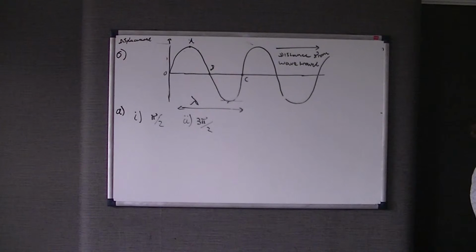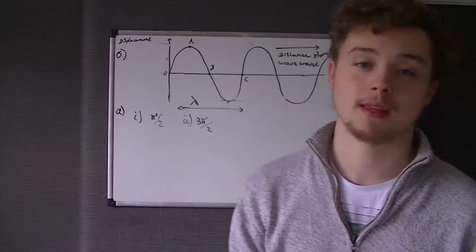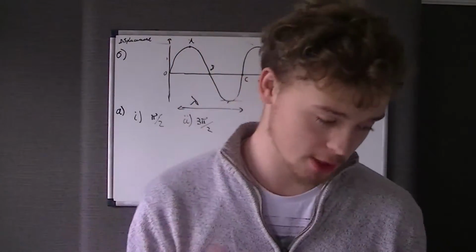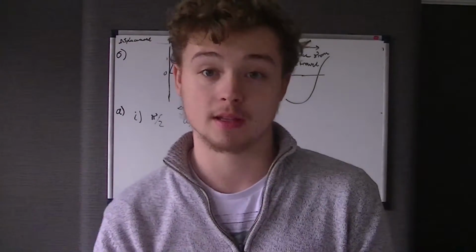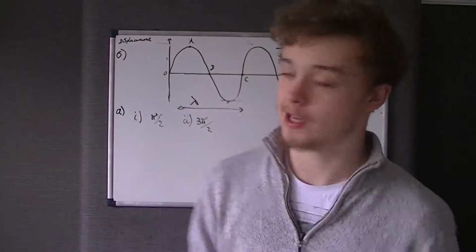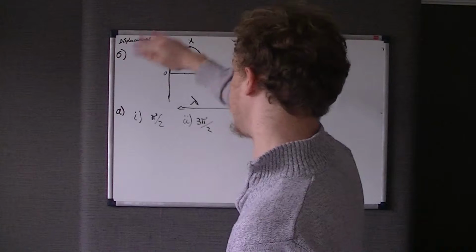The mark scheme just states, as it's only a 2-mark question, that the first mark is for mentioning that it is a transverse wave. In other words, you have to mention that the direction of travel is at right angles to the direction of oscillation, because it's going up and down and the wave is going right.